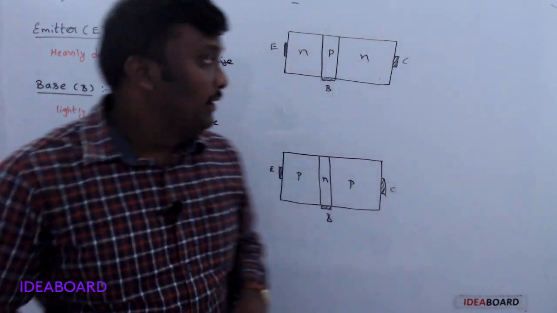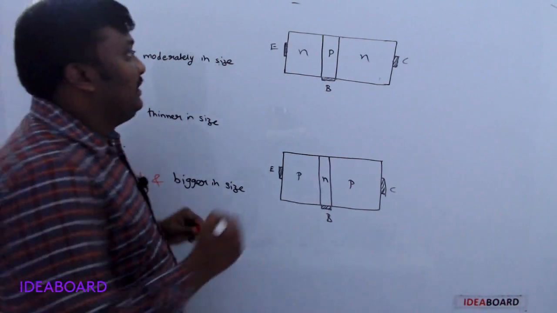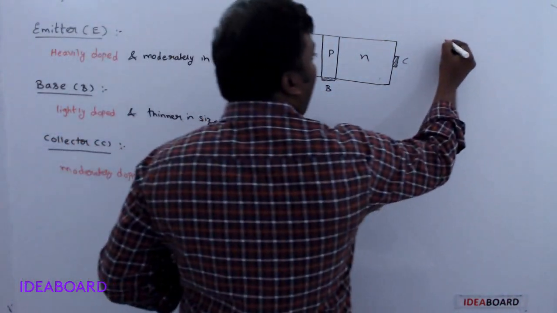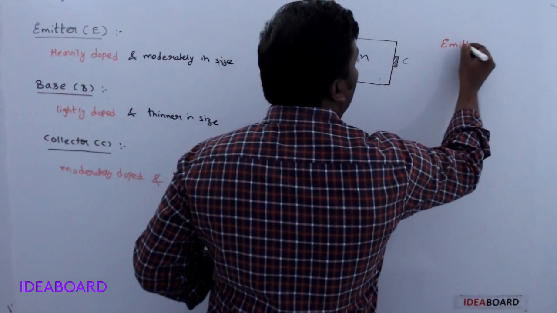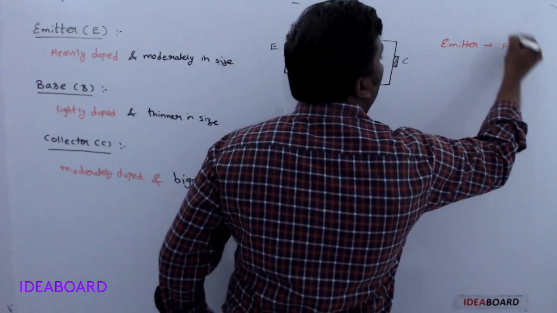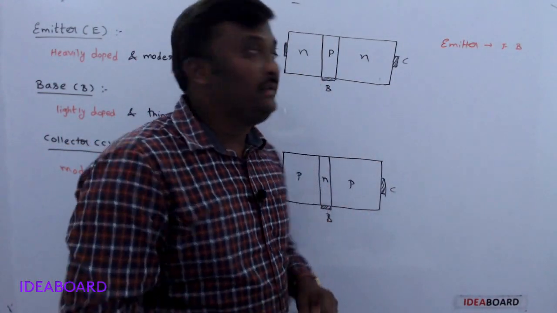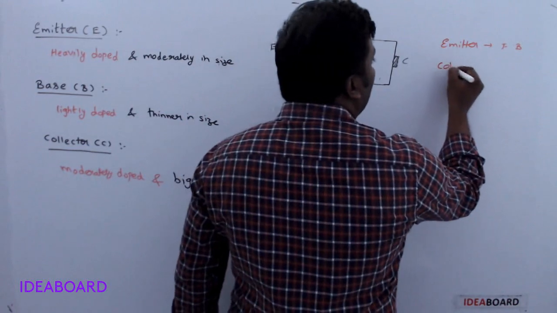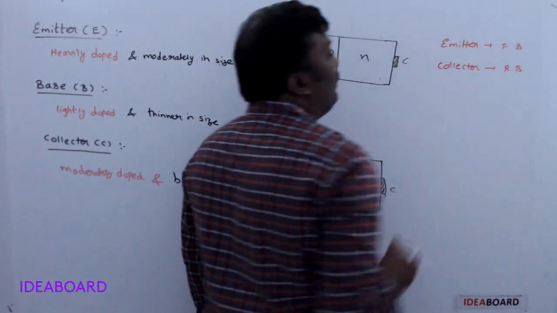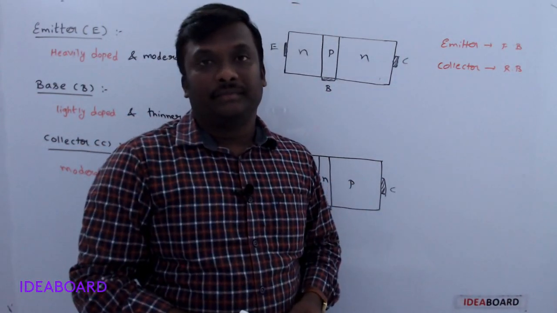Understand now? And please note, a very important point: the emitter is always in forward bias with respect to any part of the transistor, and the collector is always in reverse bias with respect to any part of the transistor.